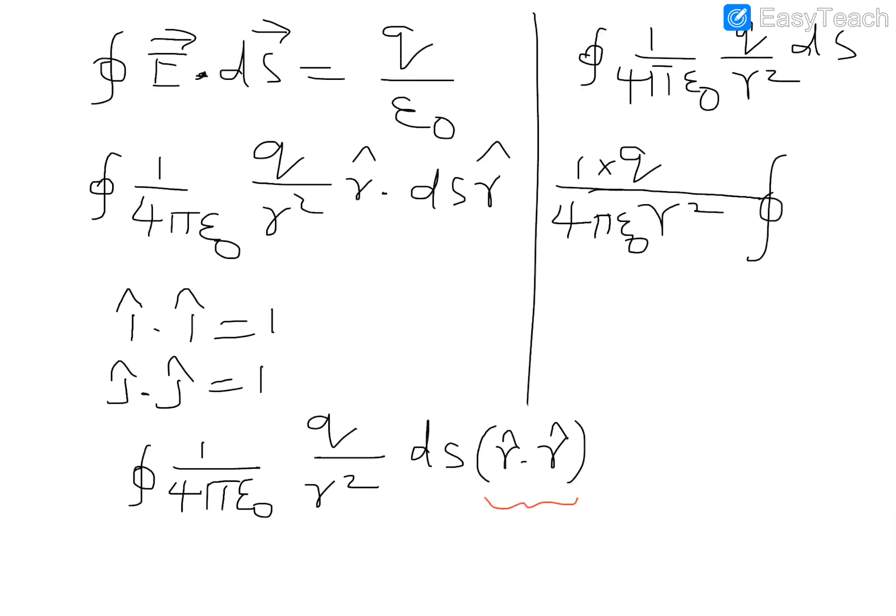Closed integral, only ds is remaining, the rest of the terms are constants. Now q by 4 pi epsilon 0 r square into closed integral ds, which means you are integrating all the small ds.